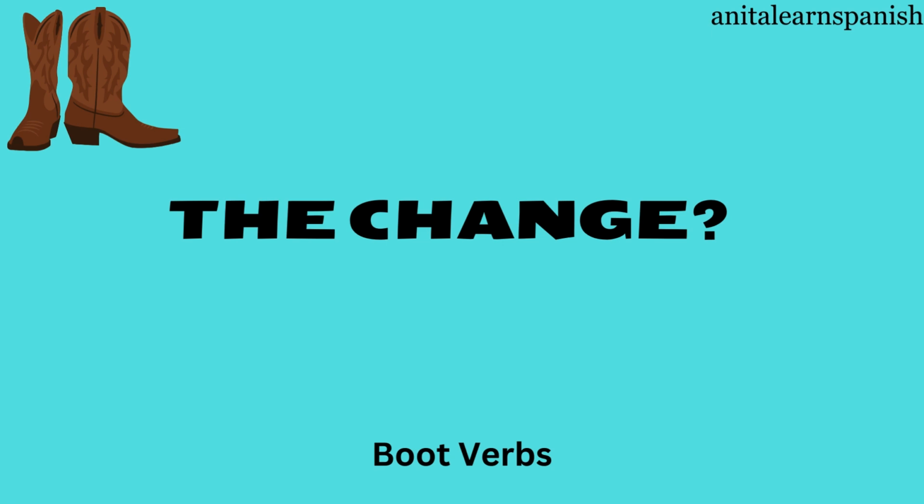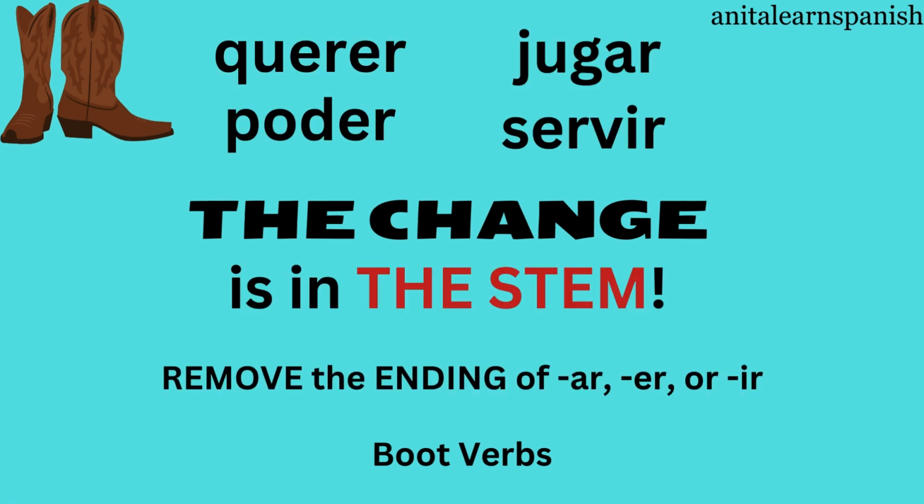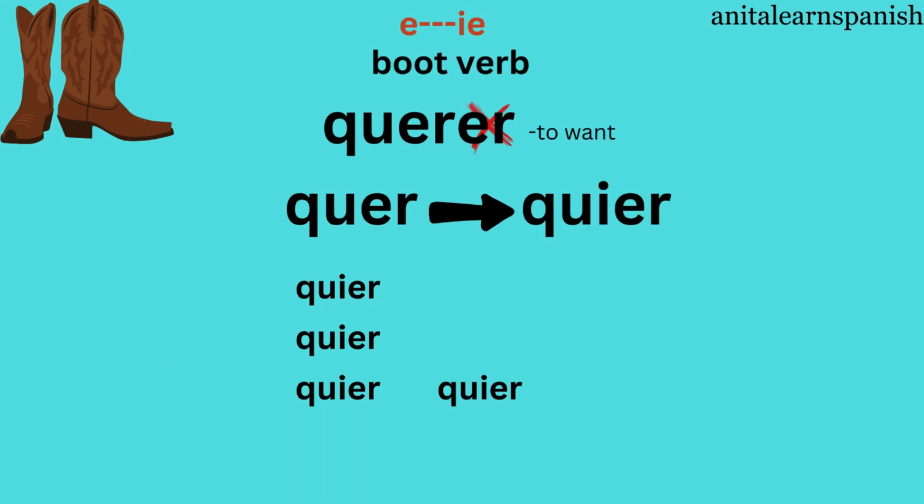What is this change? Well, as we may have mentioned before, the change is in the stem. So we're removing the ending of AR, ER, or IR, depending on what type of verb it is. And let's use the verb querer as an example here. This particular stem changing verb is an E to IE stem changing verb. So we're taking off our ending, we're left with quer, Q-U-E-R, and we're changing that stem to Q-U-I-E-R.